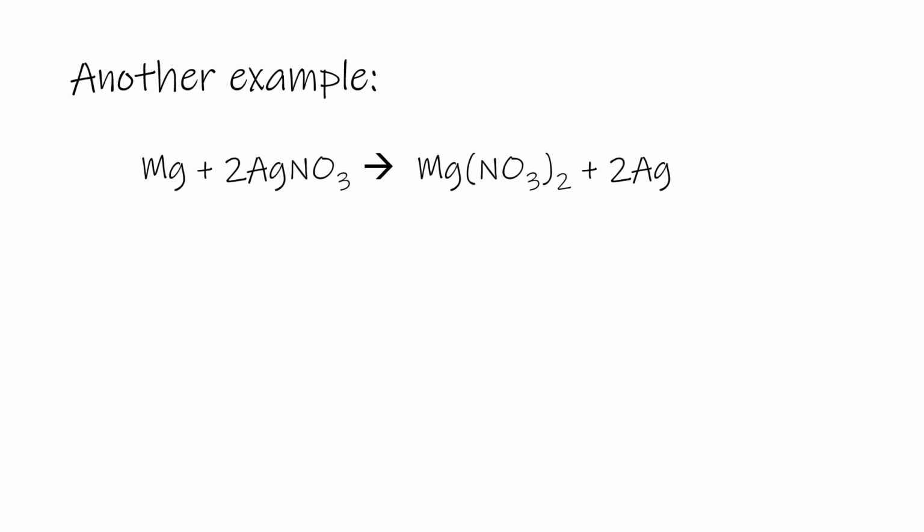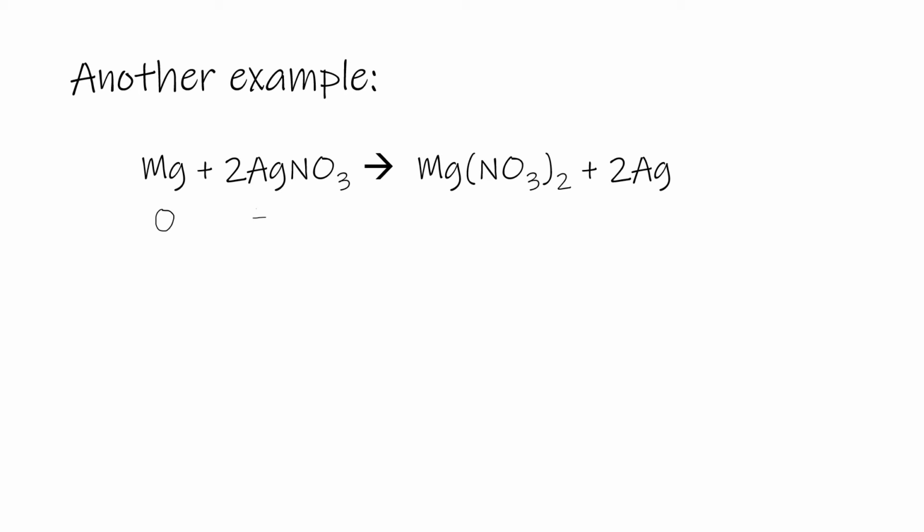Let's look at another example. In this example, we have magnesium reacting with silver nitrate to form magnesium nitrate and silver. So first step is to assign oxidation numbers. Magnesium is by itself, not in a compound. It doesn't have a charge shown, so it's in its elemental form. It has an oxidation number of 0. Silver nitrate is an ionic compound.